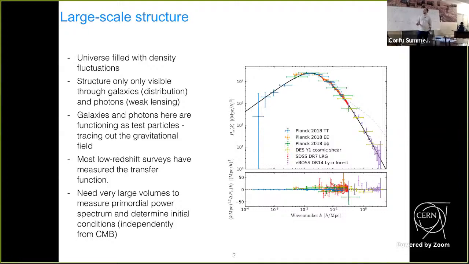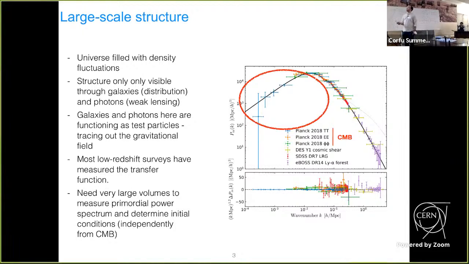I was describing previously the homogeneous universe, but then obviously we have islands, planets, stars, etc. So we have inhomogeneities. These inhomogeneities, apart from local effects, depend on cosmology. And then we can study them through photons in lensing or CMB, or we can look at the distribution of these galaxies in three-dimensional space.